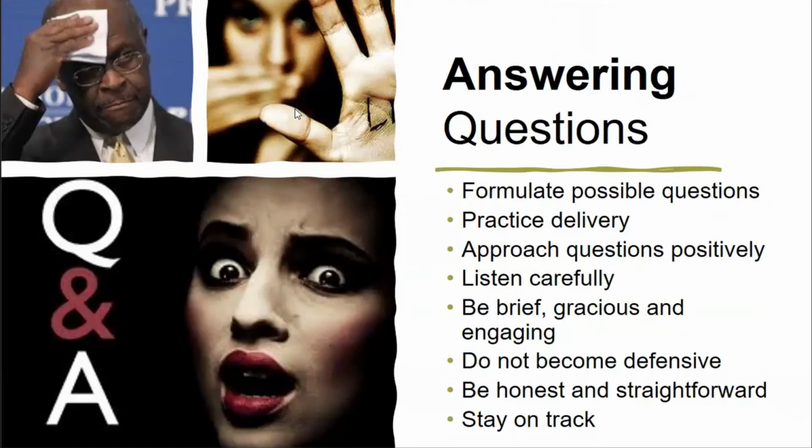Whenever there is a question given, what I like to do is that I smile. Okay, I smile. Yes, I have a question. I said, okay, yes, please give me your question. I smile looking at that person while the person is saying it. All right, positively. Listen carefully. Okay, if you don't understand the question the first time, admit it. Okay, excuse me, can you please repeat your question?